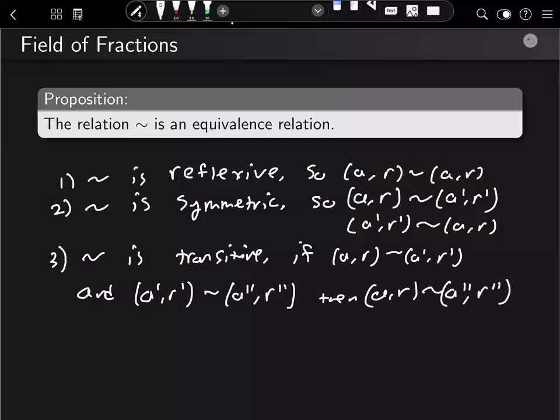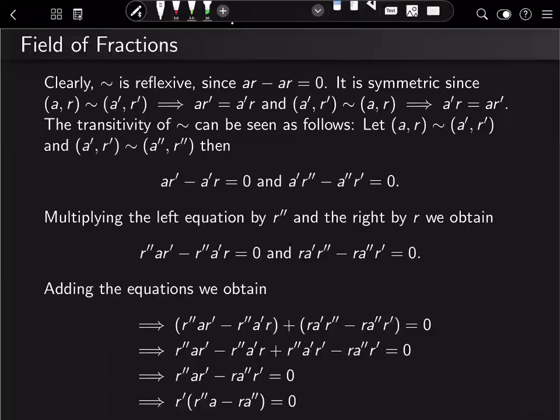So these are the 3 conditions that we have to check to make sure that tilde is an equivalence relation. On that front, we can see that tilde is reflexive, right? That's trivial because (a, r) being related to itself implies, through our definition of the equivalence relation, that a r minus a r, of course, is 0.